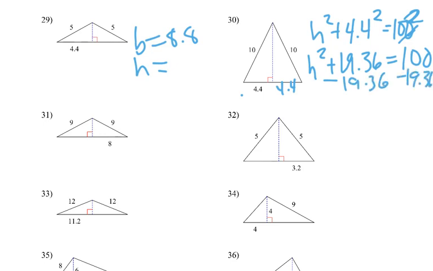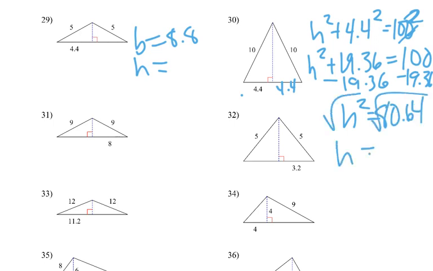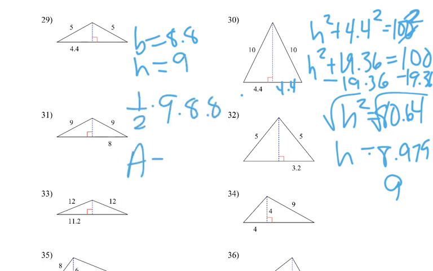Subtract 19.36, h squared equals 80.64. Take the square root, and h equals 8.9799, so we'll just round that up to 9. So 1/2 times 9 times 8.8 gives us our area of 39.6 square units.